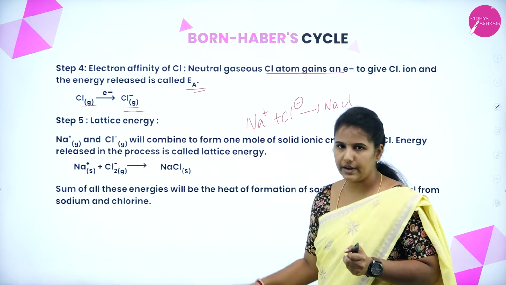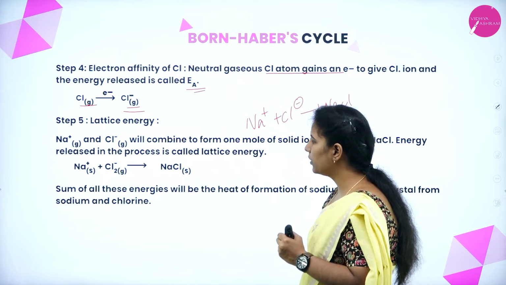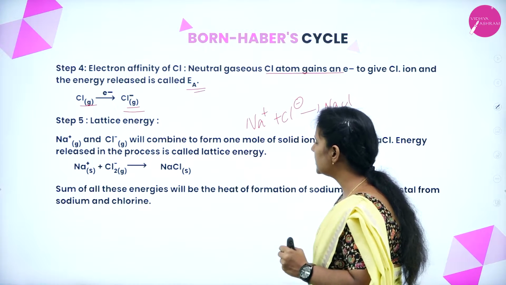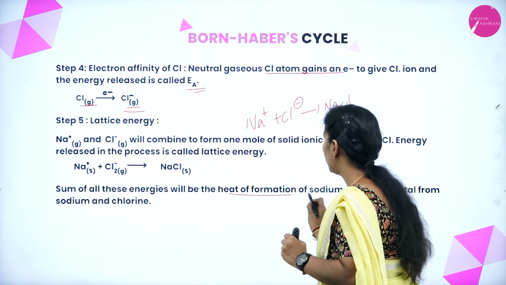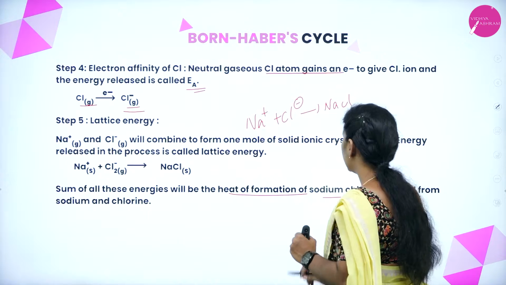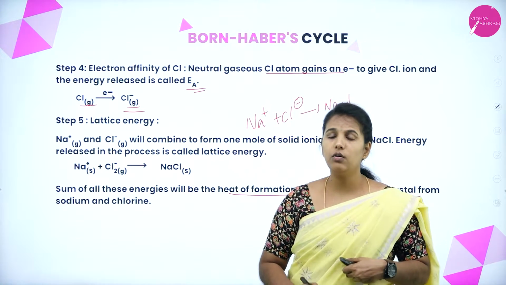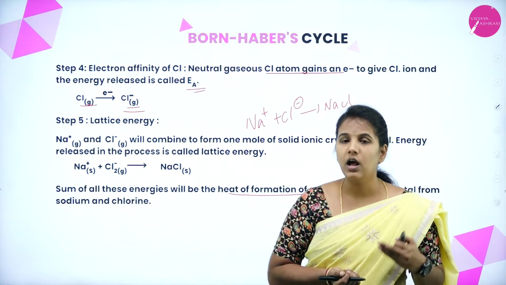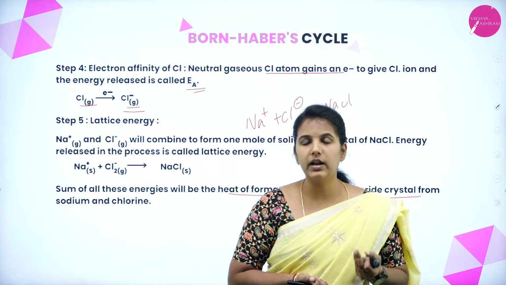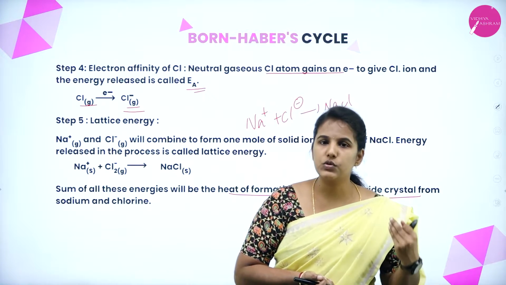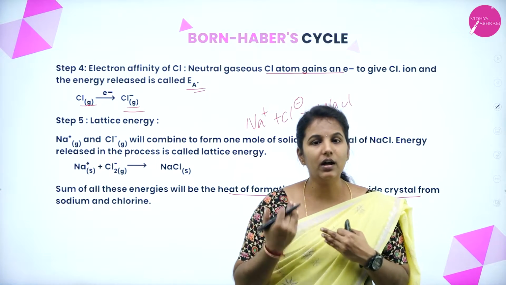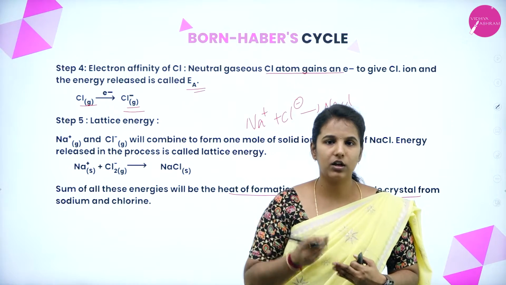Sodium chloride. And the sum of all this energy will be the heat of formation of sodium chloride crystal from sodium and chlorine. This is how we can easily understand how sodium chloride is formed from solid sodium and chlorine gas.